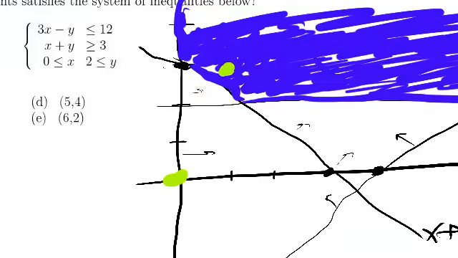That is in the shaded region, so B is going to work. 2 comma 1 puts me right here, not in the shaded region. 5, 4: 1, 2, 3, 4, 5, and up 4, 1, 2, 3, 4, puts me right there. That is in the shaded region. This happens to be a problem where there were 2 answers. It should be labeled as such in the solution key that's on the website.